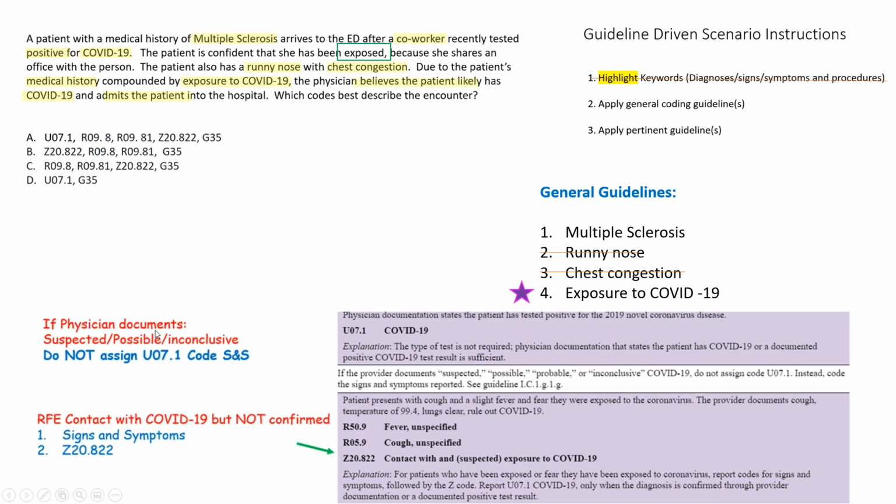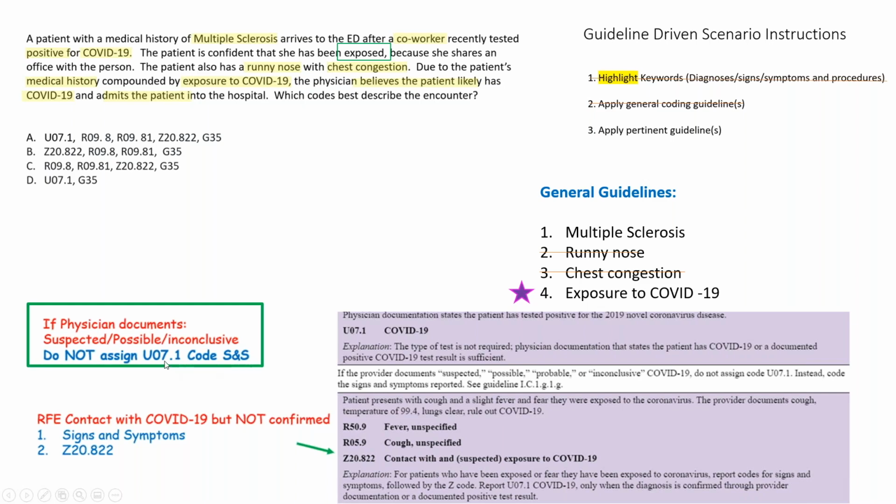If a physician documents suspected, possible, inconclusive, right? And the doctor says he believes the patient is likely to have COVID-19. He did not definitively say the patient has COVID-19. So we do not assign U07.1. In fact, it says code those signs and symptoms. It's telling you code the signs and symptoms.